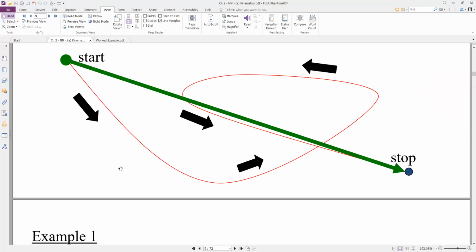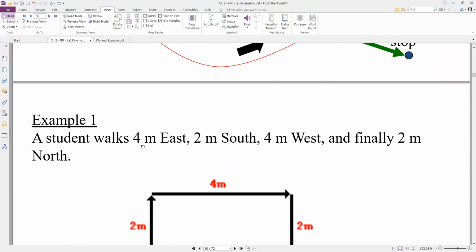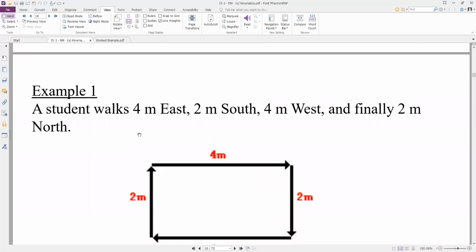This is the point. Okay, example 1: a student walks 4 meters east, 2 meters south, 4 meters west, and finally 2 meters north.